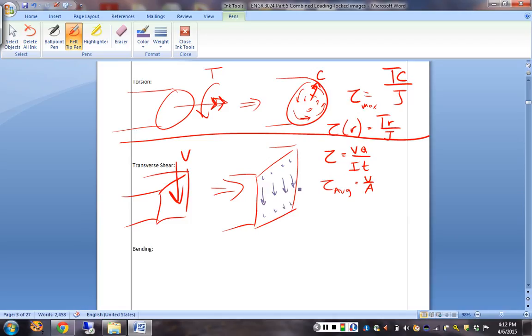Okay, and how does it vary with Y? It's quadratic. So this stress distribution in Y, the max is at the neutral axis. So quadratic in Y.